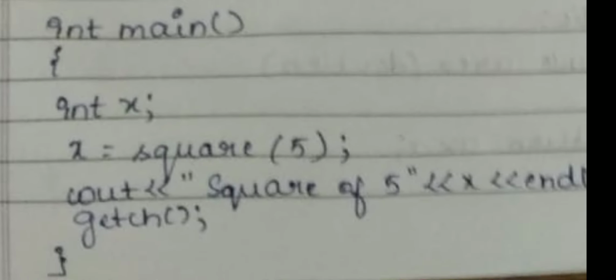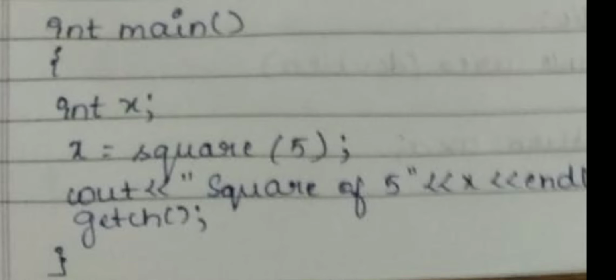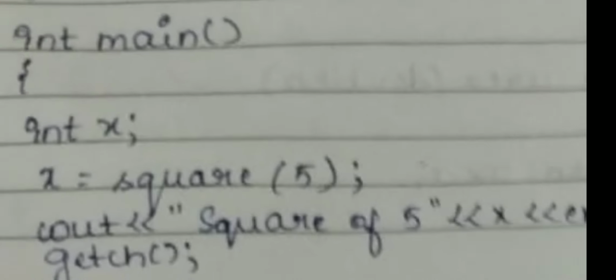For example, Ravi sir called me. I am in one place, Ravi sir in another place. When Ravi sir called me, the person who is located in the computer lab will go to Ravi sir's chamber. Like that, in the second function, you can take it as the computer lab. In this function, square of 5 is there. This function is calling the other function.